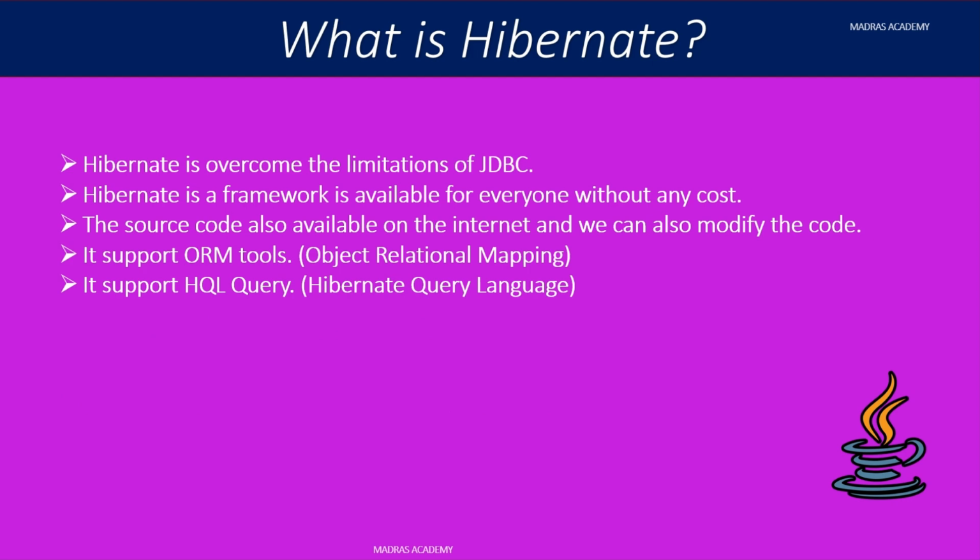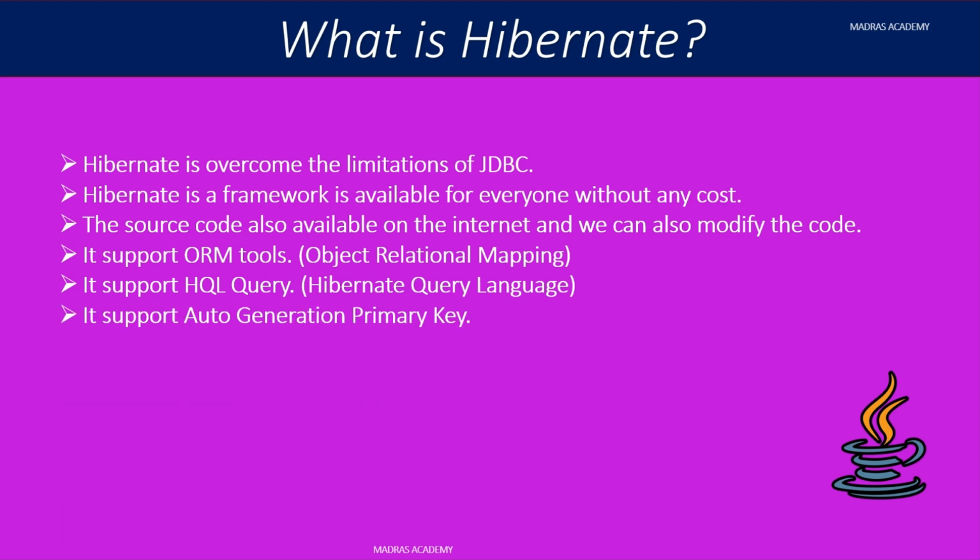And it supports HQL queries. HQL means Hibernate Query Language. Here we are going to write Hibernate Query Language, not SQL, Structured Query Language. In JDBC we use SQL queries. So here we are using Hibernate queries to retrieve data from the database. And how to write them, we'll see that.